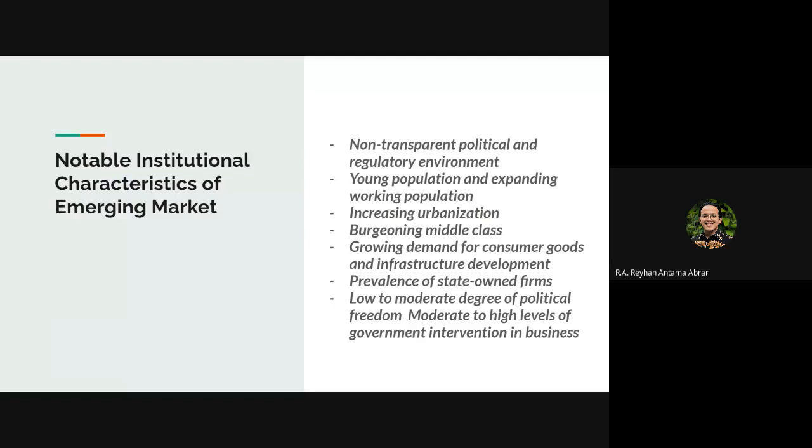There is a younger population and demographic, increasing urbanization, people moving into the city, a middle class that likes to spend a lot, and a growing demand for consumer goods and infrastructure development, prevalence of state-owned firms, and low to moderate degree of political freedom, as well as a moderate to high level of government intervention in business. Most of these institutional characteristics are present in the emerging market compared to the advanced economy.